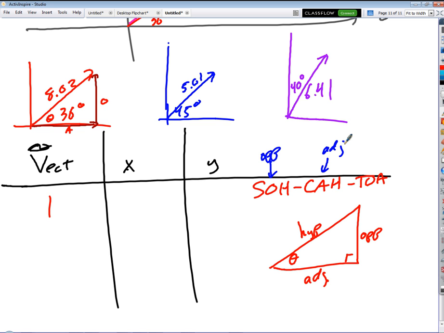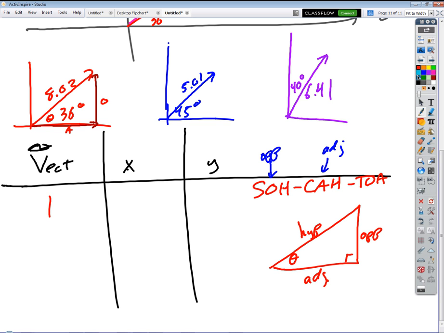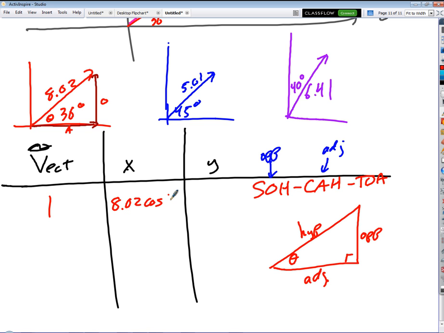So then we know that the x component here is going to be 8.02, the magnitude of the whole thing, times cosine of 36 degrees, which is just some number on your calculator, 6 point something.